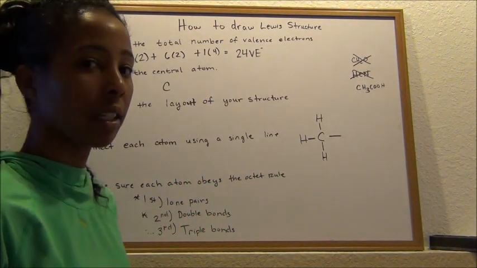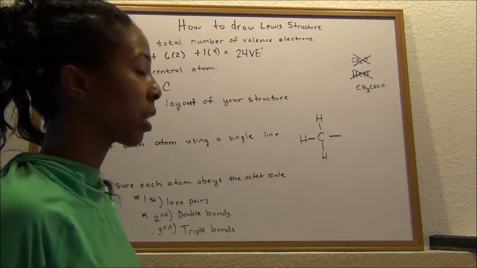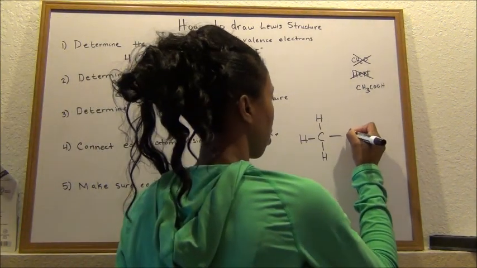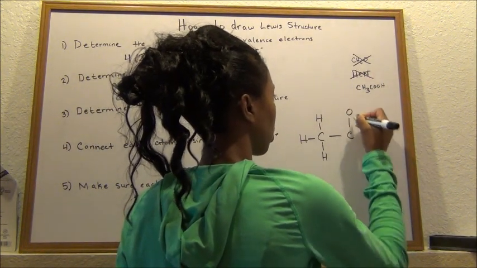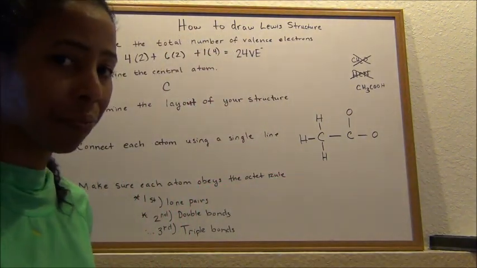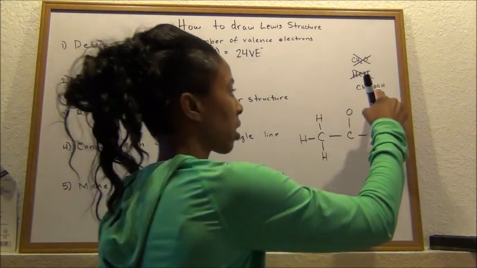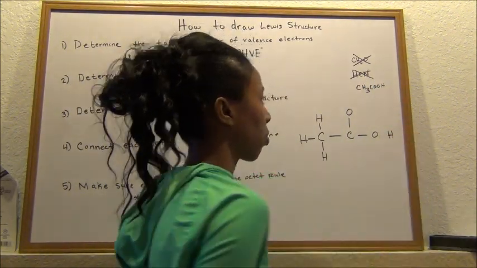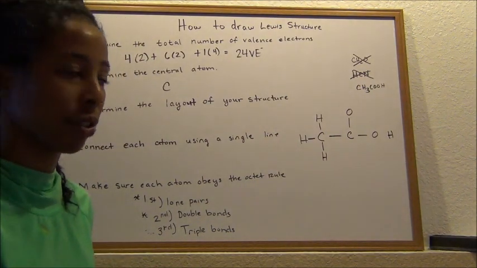So now instead of the oxygens being bonded together, what if my oxygens were bonded to the carbon, or should be bonded to the carbon? And because this oxygen is directly next to the hydrogen, on the other side, I know that the oxygen must be connected to the hydrogen.